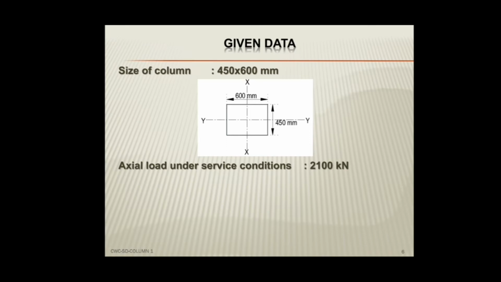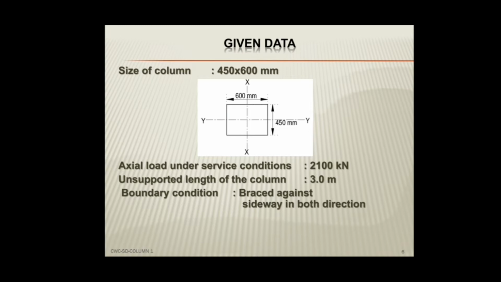Next is the axial load under service conditions. It is 2100 kilonewton. Unsupported length of the column is 3 meter and boundary condition is given as braced against sideway in both directions. Grade of concrete is M20 and grade of steel we have to use is Fe 415.